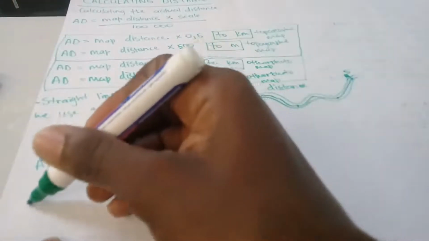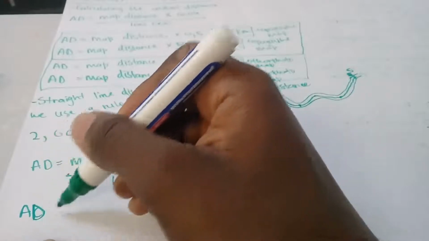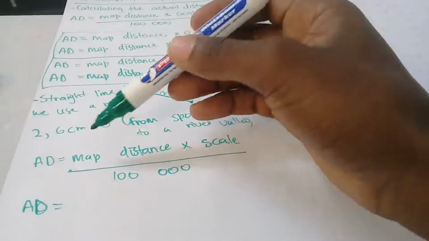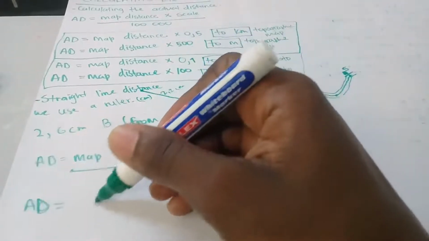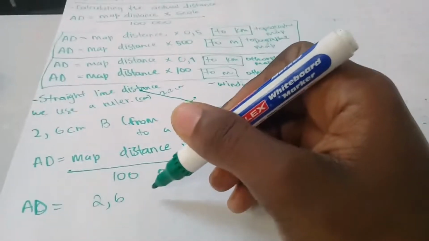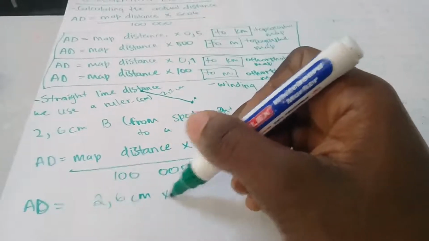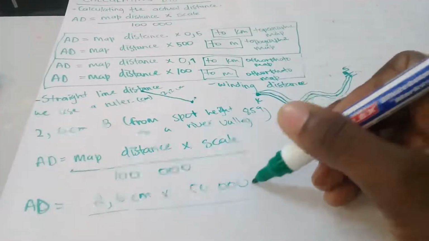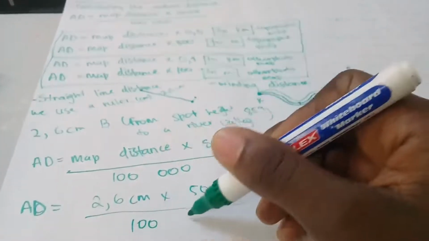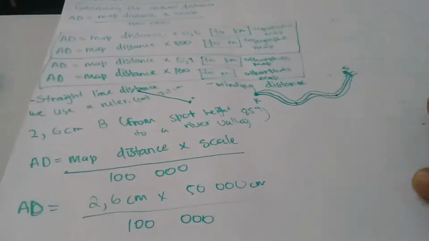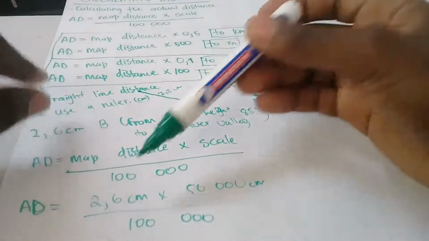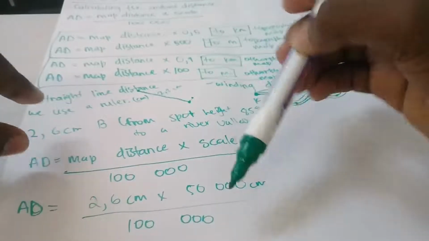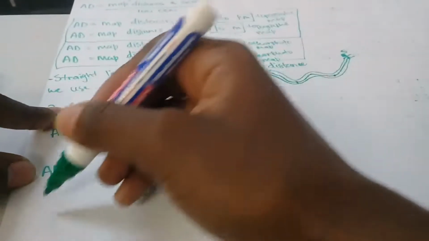Our actual distance, mind you, must be in kilometers. Map distance is 2.6 centimeters multiplied by a scale. A scale is 50,000 centimeters over 100,000. So press on your calculator 2.6 centimeters multiplied by 50,000, divided by 100,000, and you will get your actual distance.